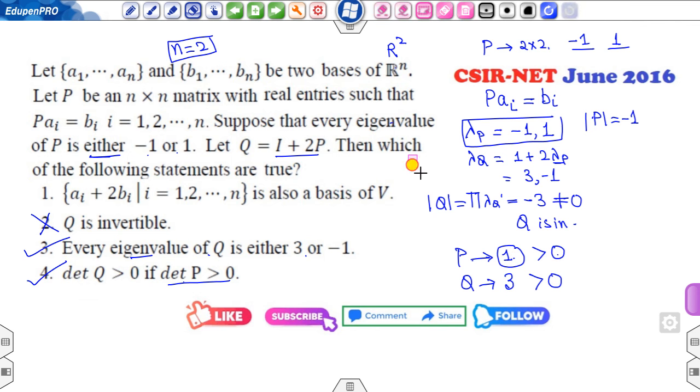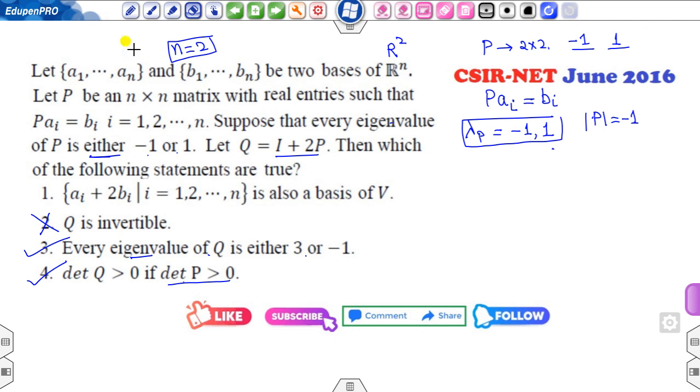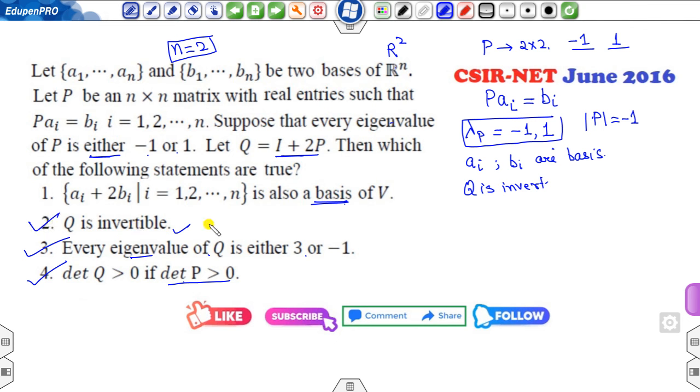Now, Ai's plus Bi's is also a basis of V, since Ai's and Bi's are my basis. Q is invertible, as I proved that, because the determinant of Q is non-zero. So Q is invertible.